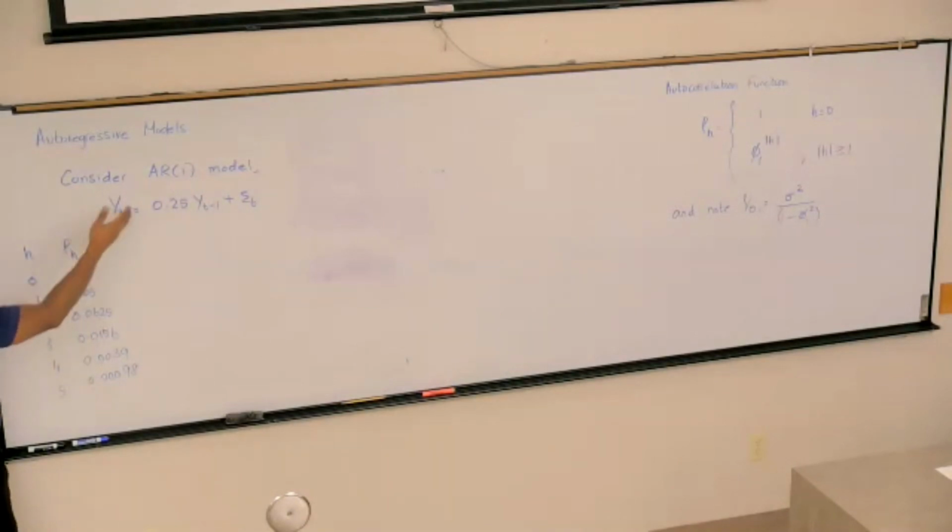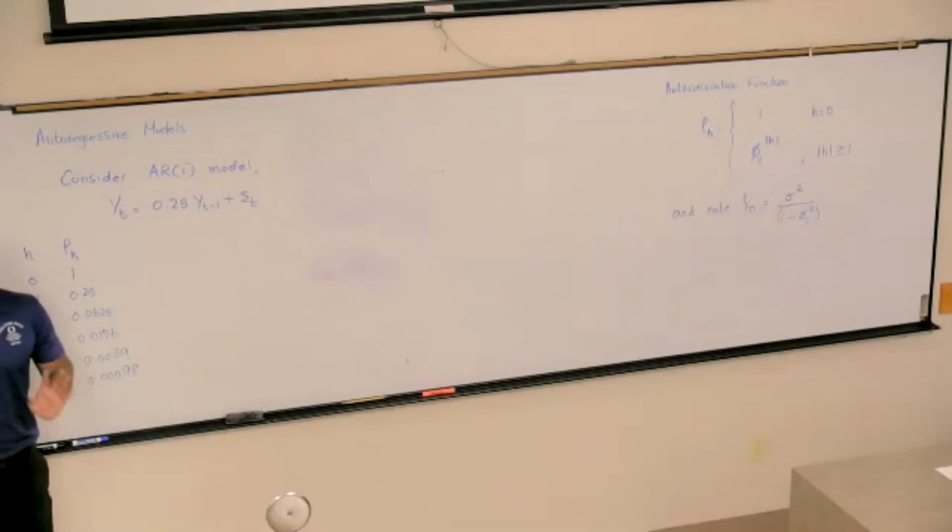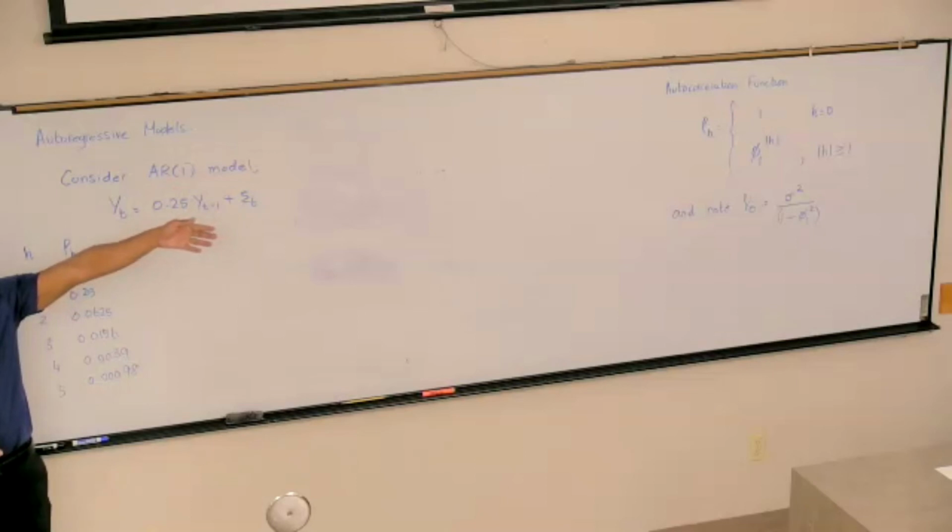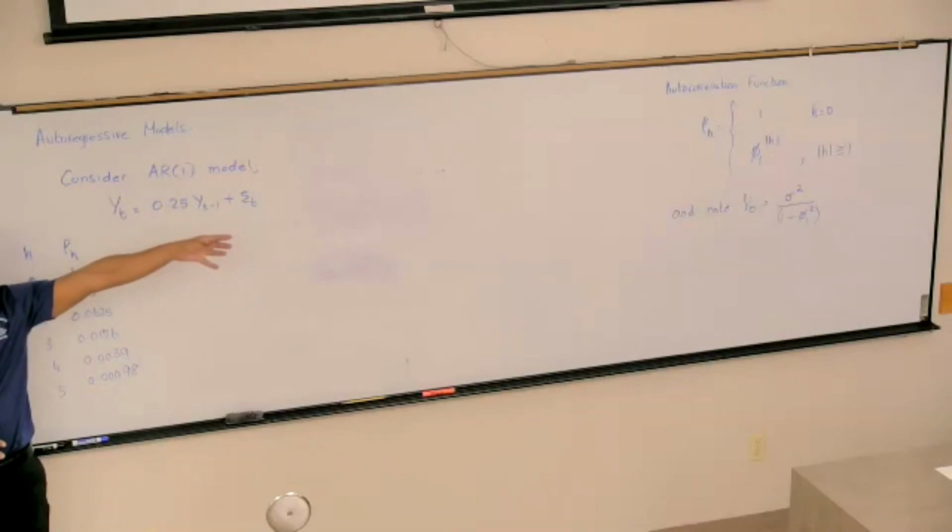So if phi_1 was 2, this would be 2, 4, 8, 16, and it's going to keep on going. So what we are saying is that whatever is happening today is 1,000-fold dependent on what happened 10 days ago.